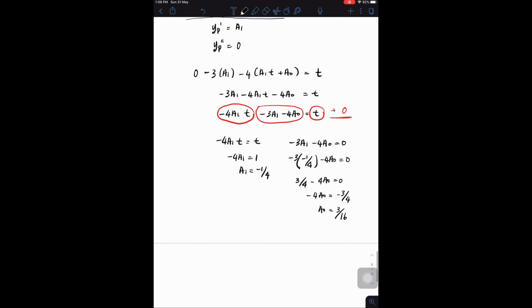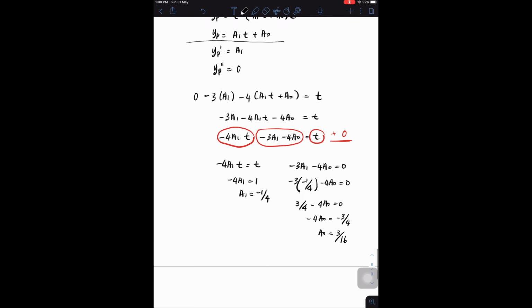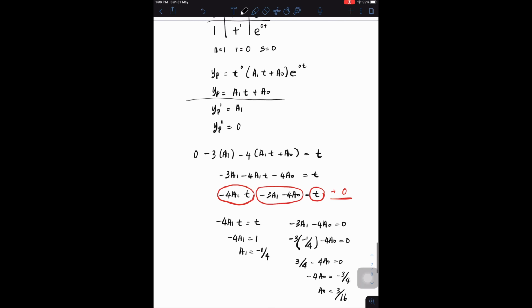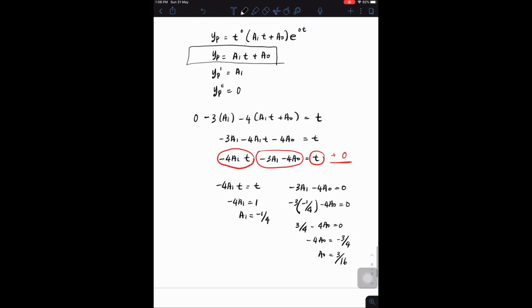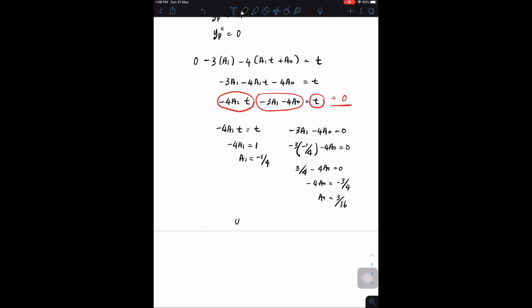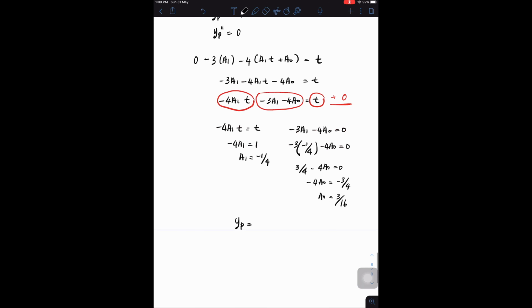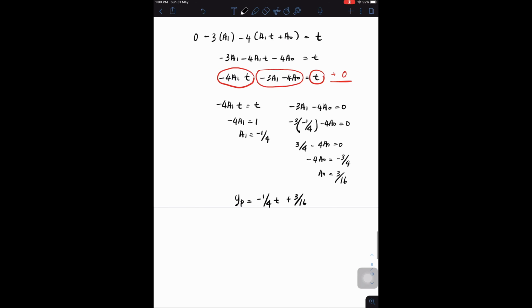Now that we have a1 and a0, we just need to substitute back in our yp. So our second yp equal to a1 t plus a0, which is negative 1 over 4 t plus 3 over 16. Because we have two yp, now we want to find the overall yp.